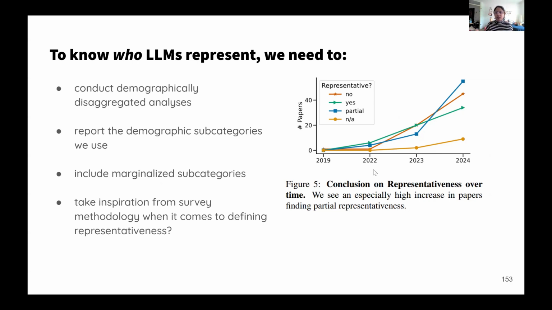And at least what we see is that over time, there's an increase in papers saying that LLMs are only partially representative, right? So, yeah, in that sense, all of the stuff that we saw about persona prompting and silicon samples should also be thought of in that context.